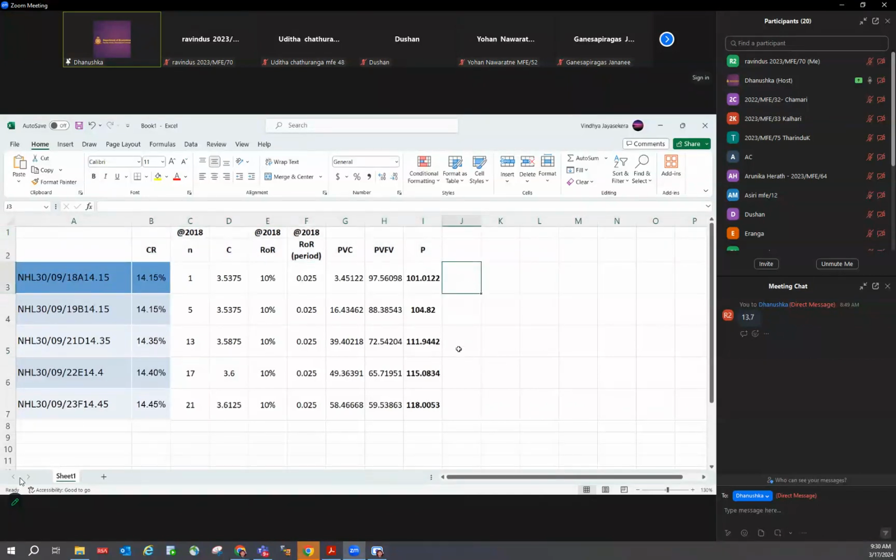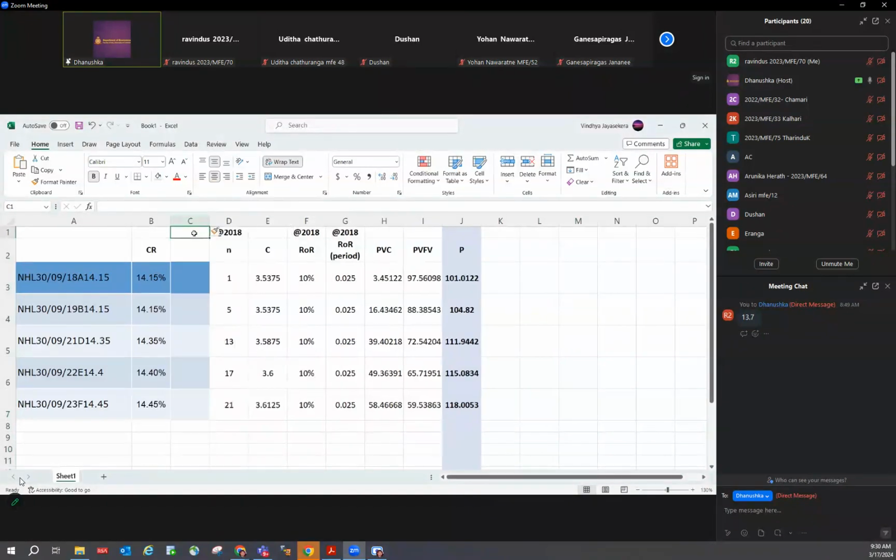Okay. Now, one thing do you see? Remember, I told you in 2013, when this bond was issued, what was your required rate of return? Required rate of return was equal to the coupon rate because this bond was issued at par, right?